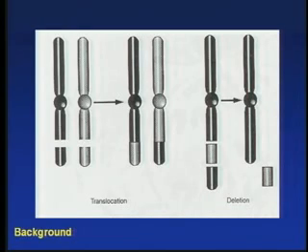Now, among all these different kinds of exchanges, some of the exchanges are not very lethal. For instance, if exchanges involve the translocation, especially the reciprocal translocation, that is one part of a chromosome is exchanged with another part of a chromosome, and these two chromosomes are very similar in size, then if you look at the gross morphology, you really couldn't tell whether this exchange occurred between these two chromosomes.